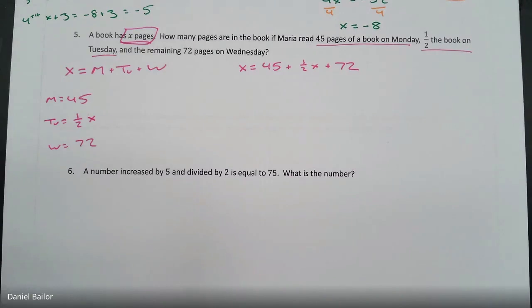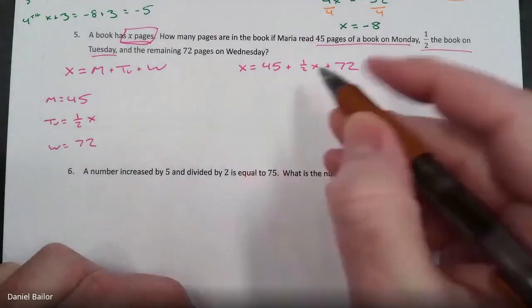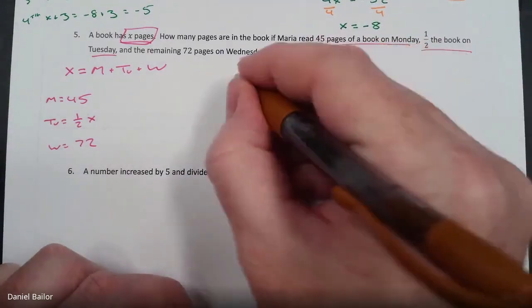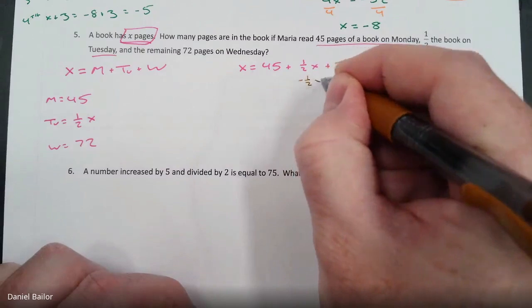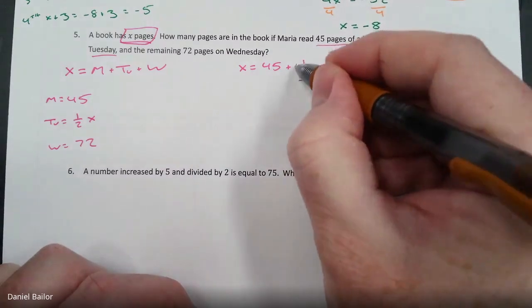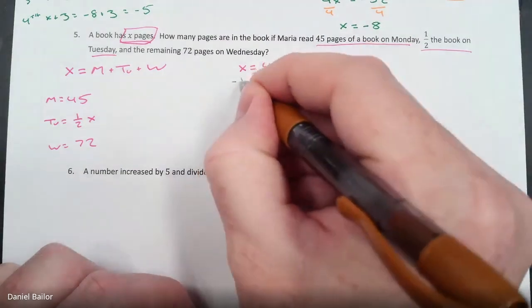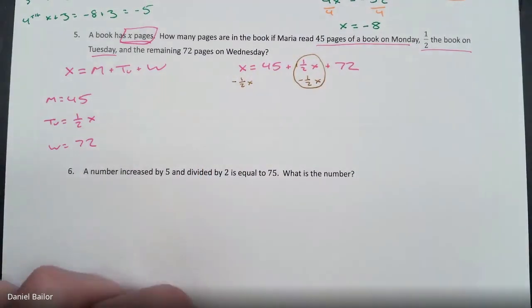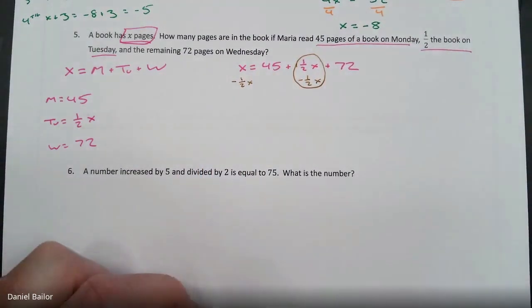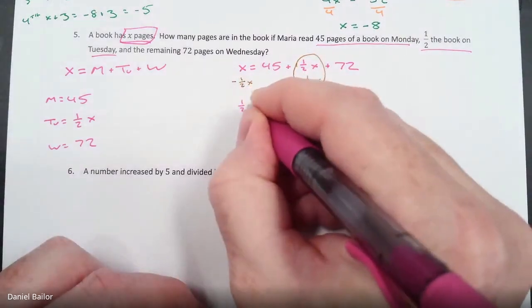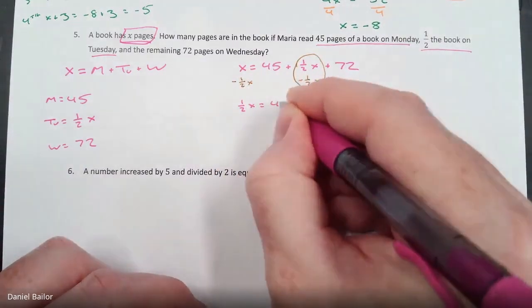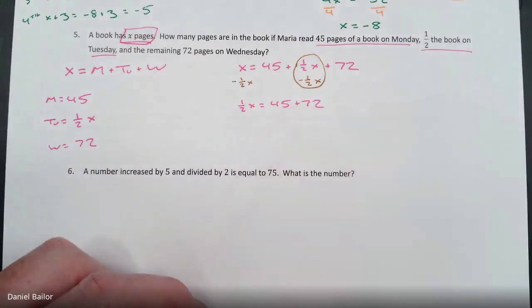Now I need to solve it. First thing I'm going to do is get the x's on just one side. So this 1/2 x, I'm going to move over here. So I'm going to do 1/2 x minus half x is 0. But the subtraction property of equality tells me I do minus 1/2 x on that side also. So now I get half x equals 45 plus 72.